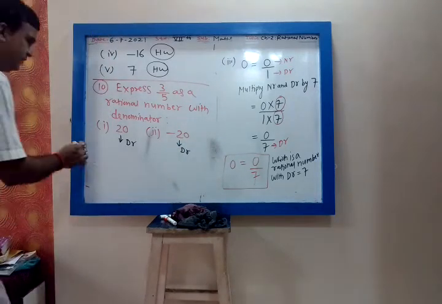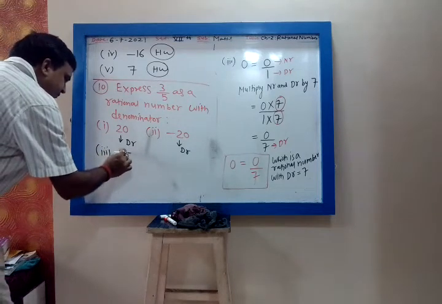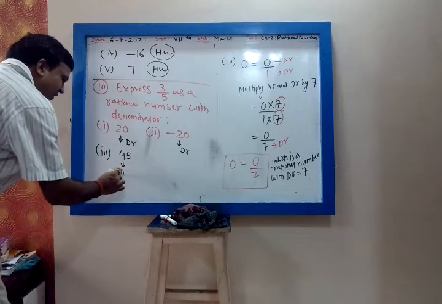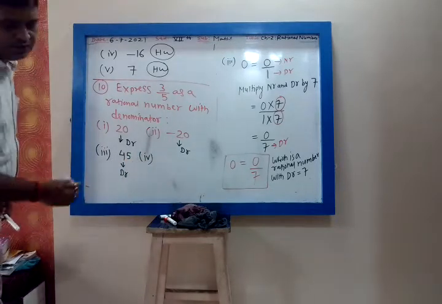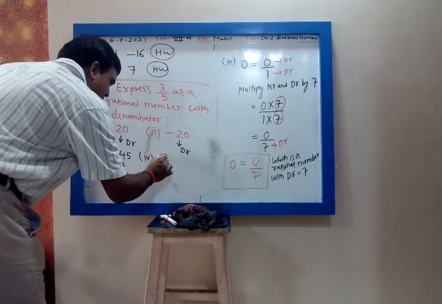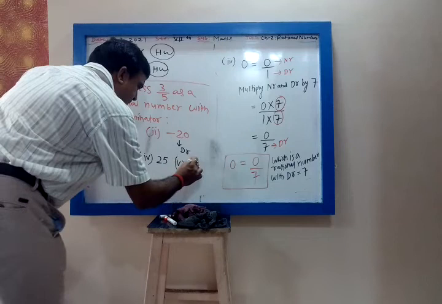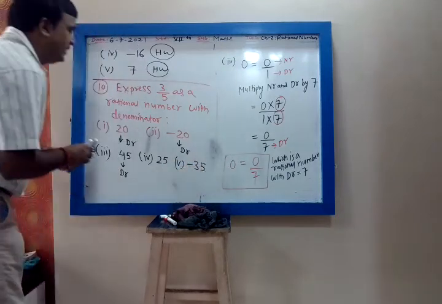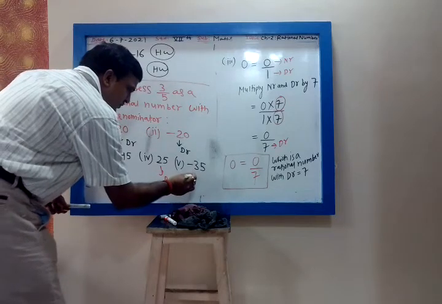Then third, 45. You want denominator 45. Then fourth, 25. Then fifth, it is minus 35. You want denominator 25, you want denominator minus 35.